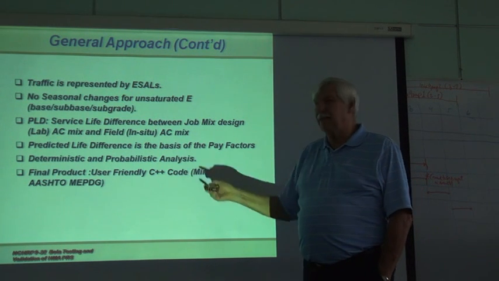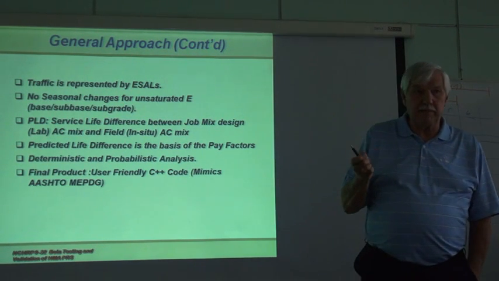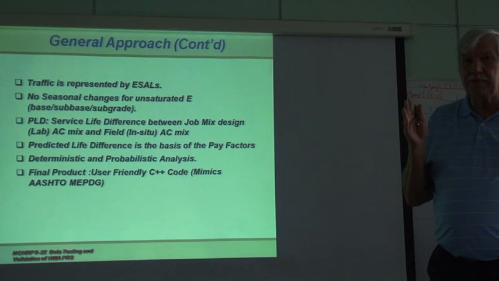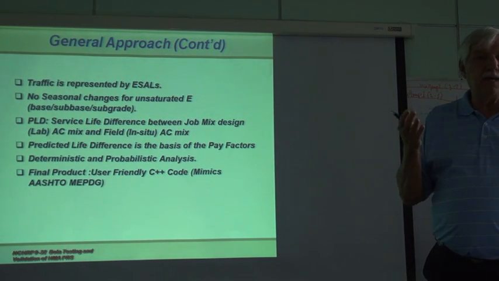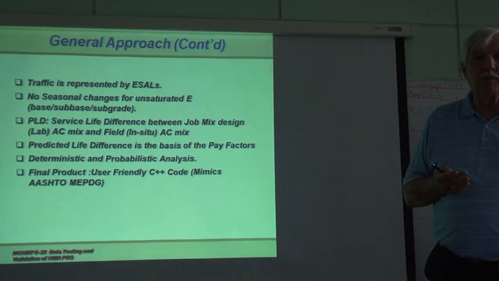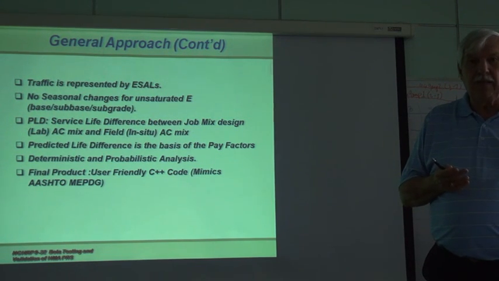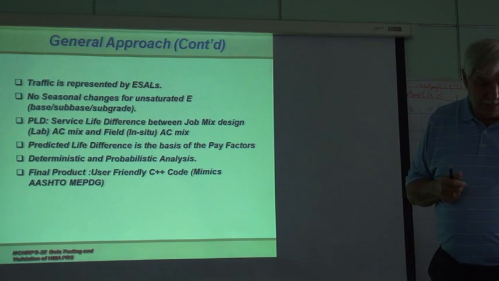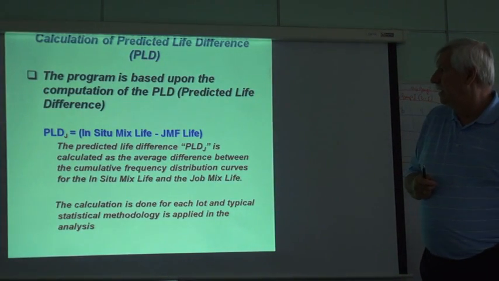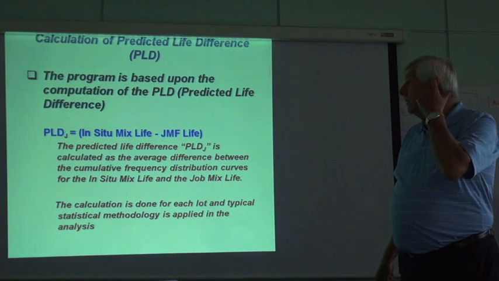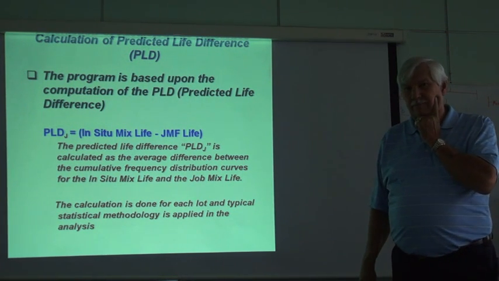Okay, again, like I said before, this is very heavy statistically. We use very advanced statistical studies, far above and beyond use of typical normal probability equations. So it is a very high-intensive statistical model that's been generated. Okay, like I said before, the predicted life difference is very simple.